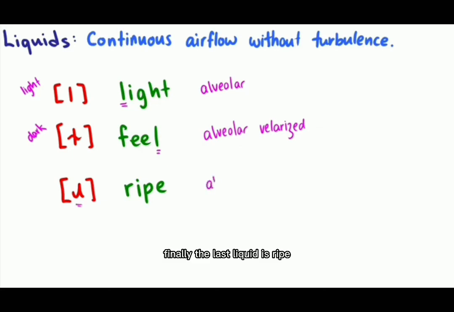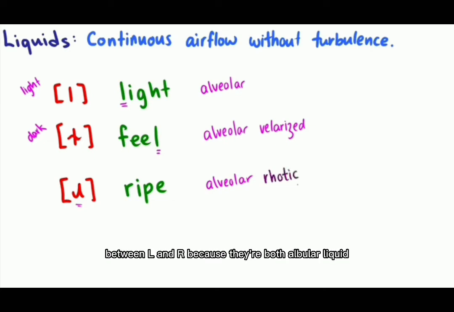Finally, the last liquid is R. That's the R sound in English. The symbol is an upside down R, as in rap, ripe, and this is an alveolar. We need slightly more terminology to distinguish between L and R, because they're both alveolar liquids.